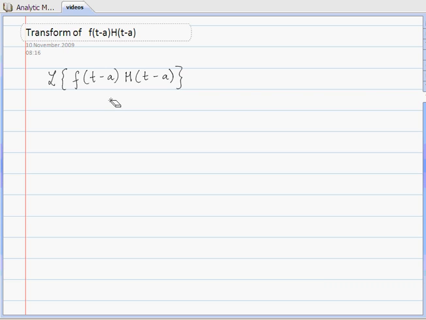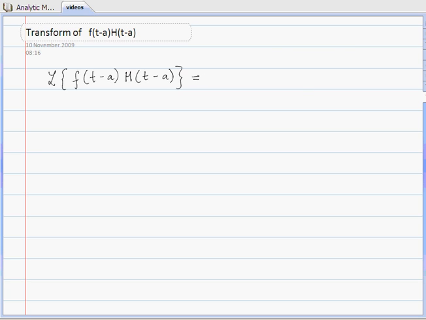And it turns out that knowing the Laplace transform of products in this form is enough to allow us to take the transform of most of the piecewise defined functions that we will meet in this course.